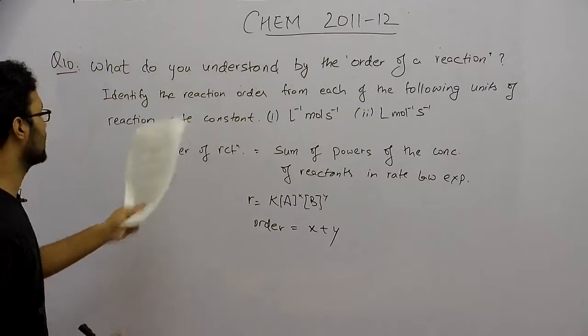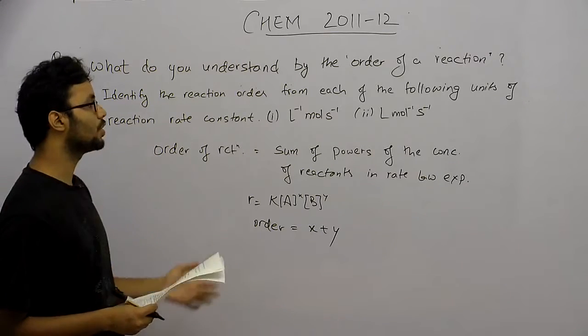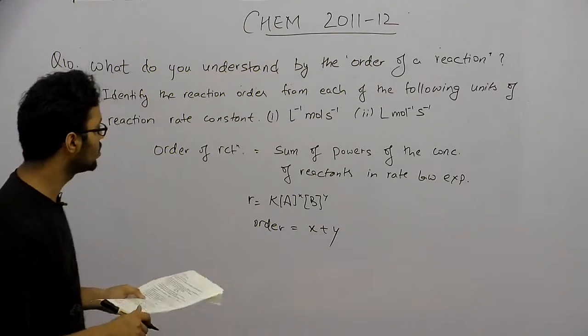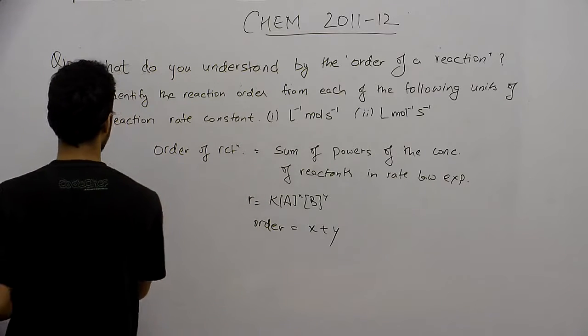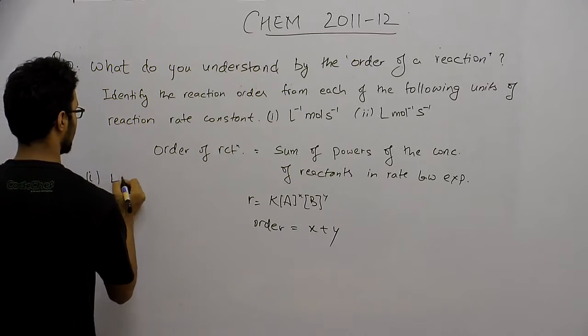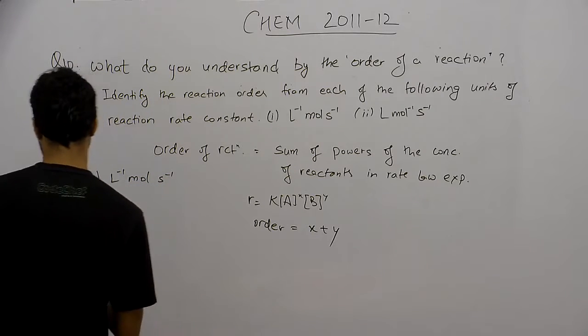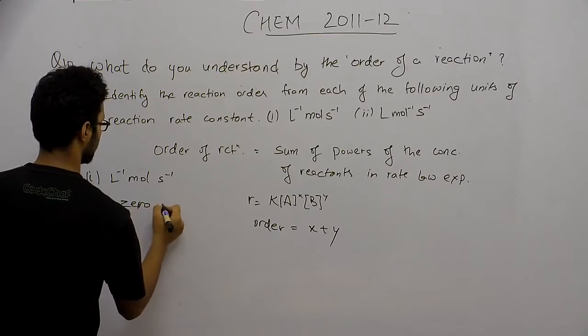So coming to the second part of the question, we have to identify the reaction order from the units of reaction rate constant. Since it is easy, the first part should be a zero order reaction.